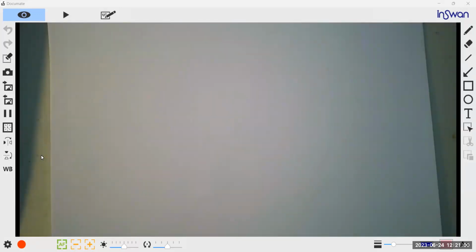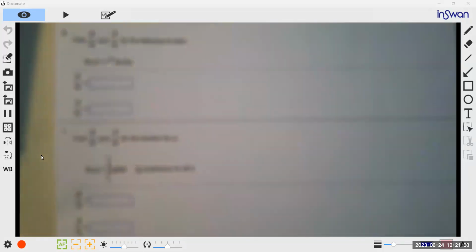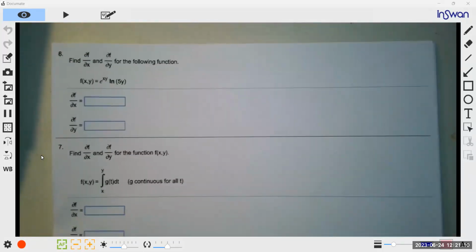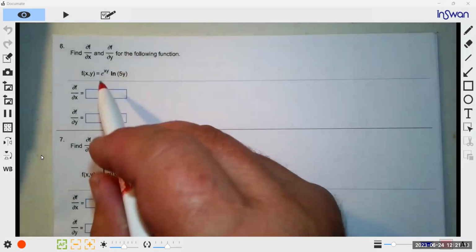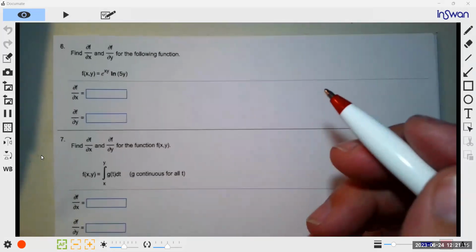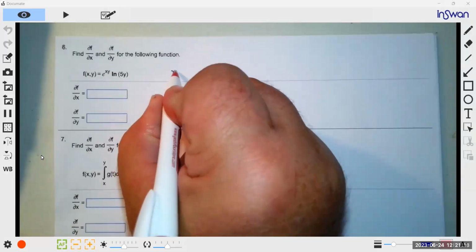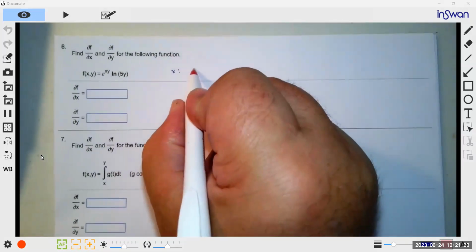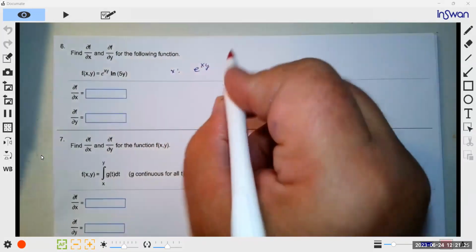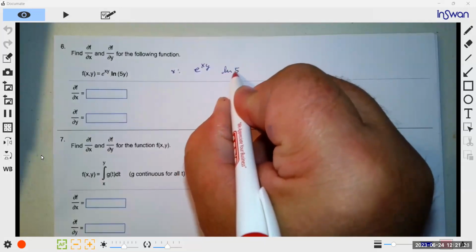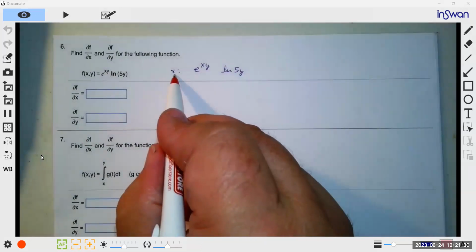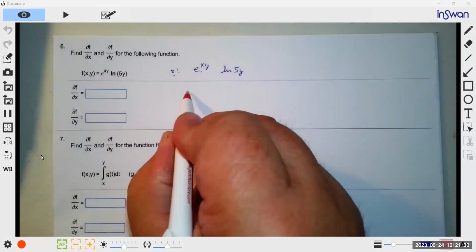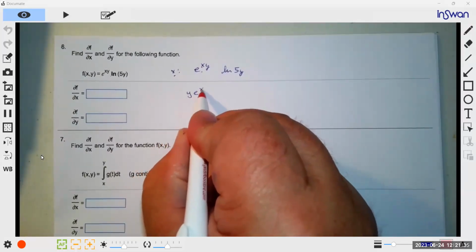Right, so those are the first ones. Now number 6. Find the partials of this one. With respect to x, this is the product rule. So we have e to the xy times ln 5y. With respect to x, the derivative of this one is y e to the xy.